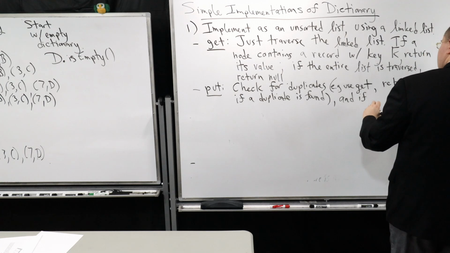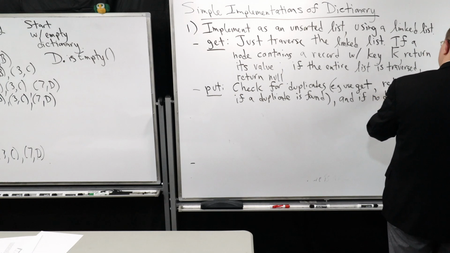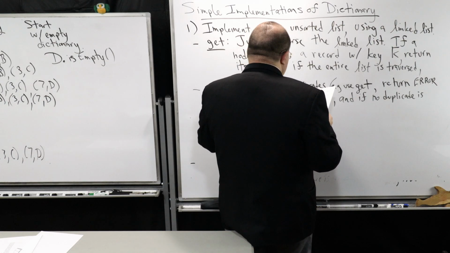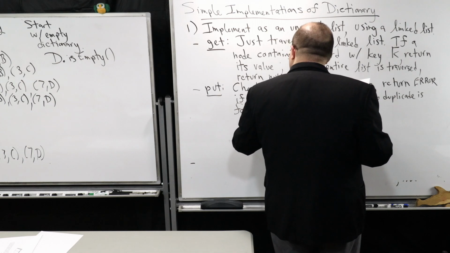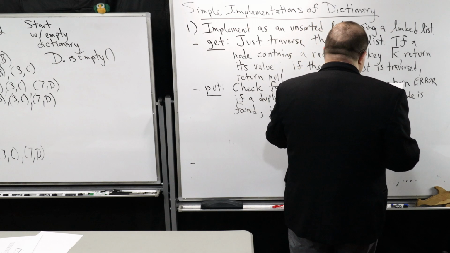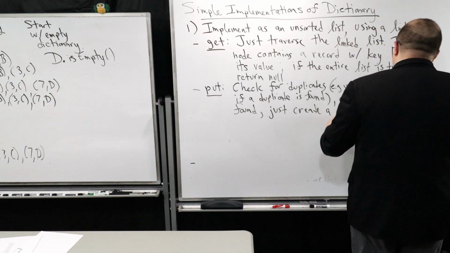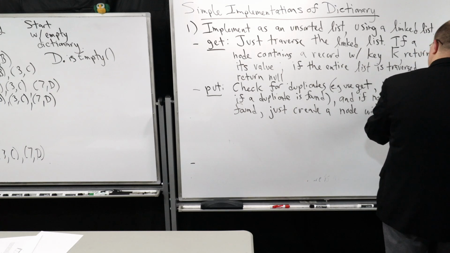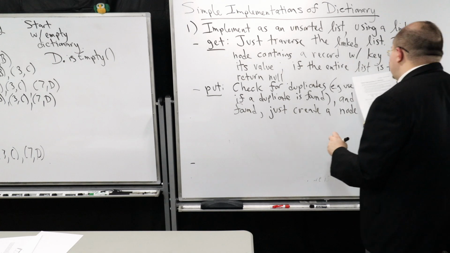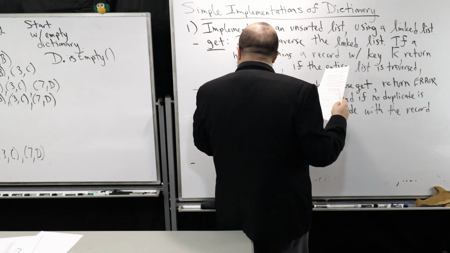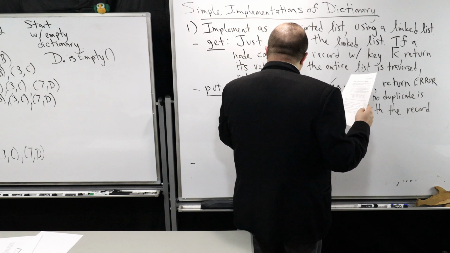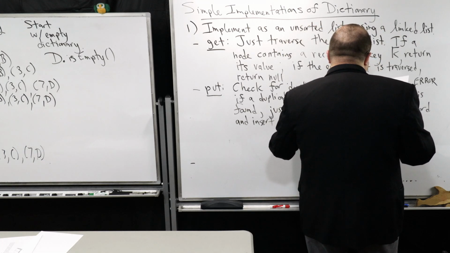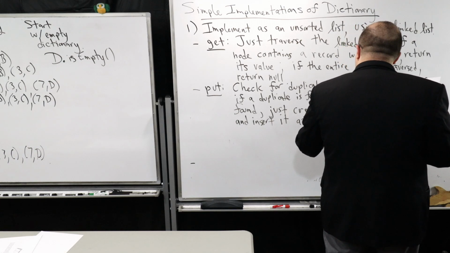And if no duplicate is found, just create a node with the record and insert it at the front of the list.